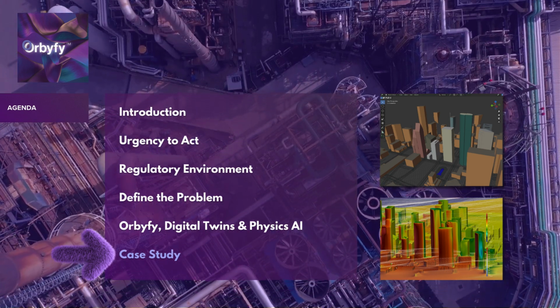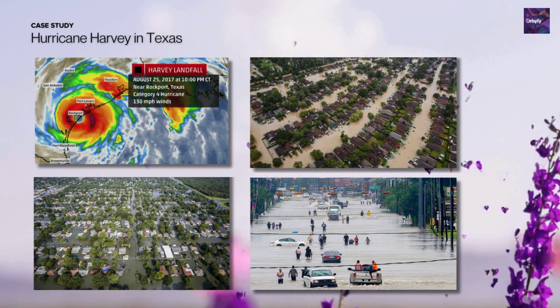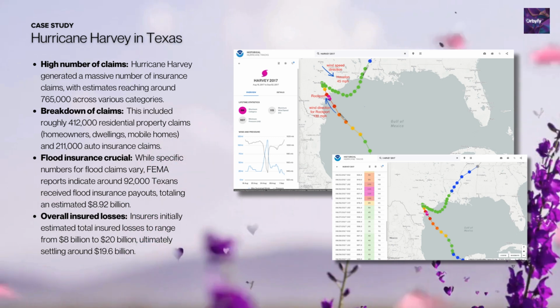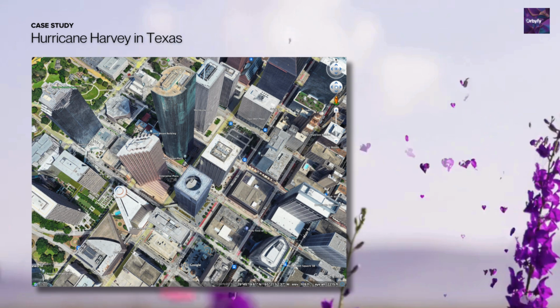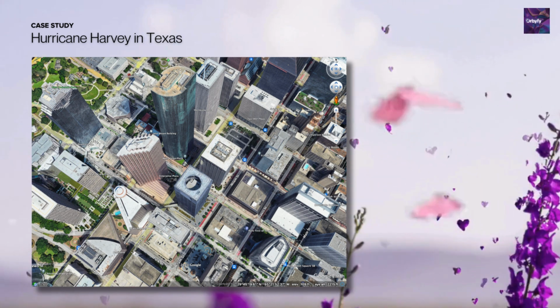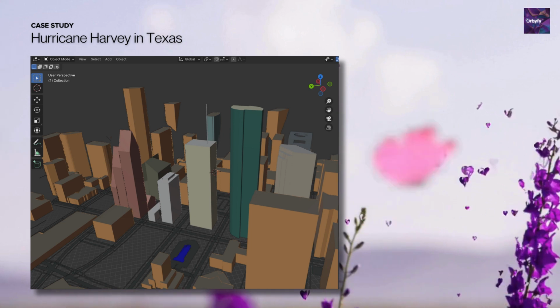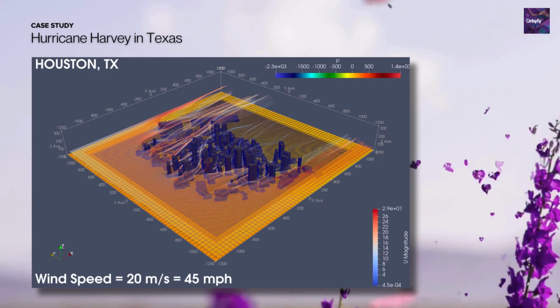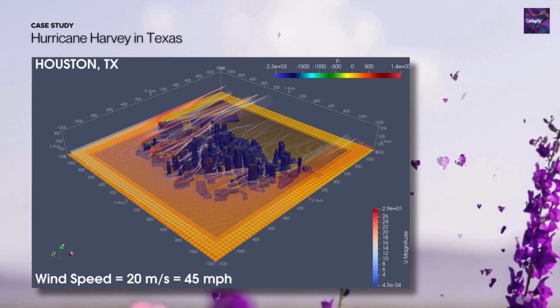And if you connect with us, we would love to take you through this case study for Hurricane Harvey. We can go into more of the details around the losses and the damages, and how we start by taking map data and information, how we capture the 3D data of buildings, structures, and homes, how we convert that 3D data into 3D models, how we discretize the 3D city-scale models and set up the models for various climate perils.